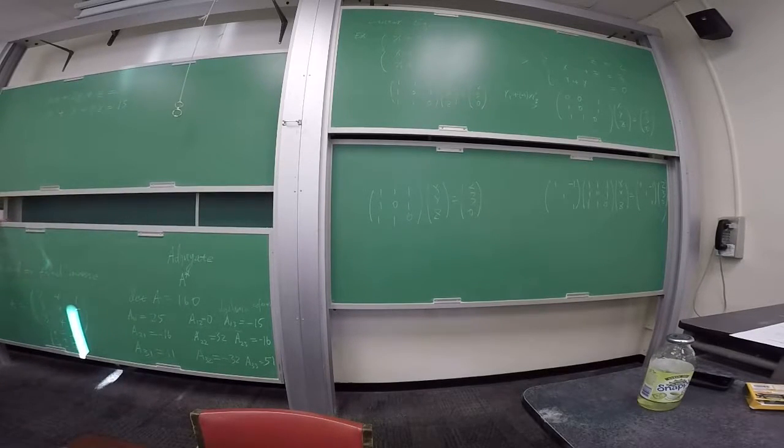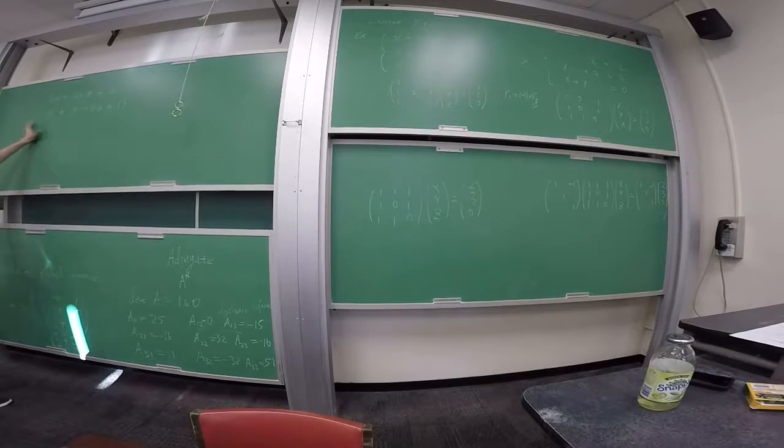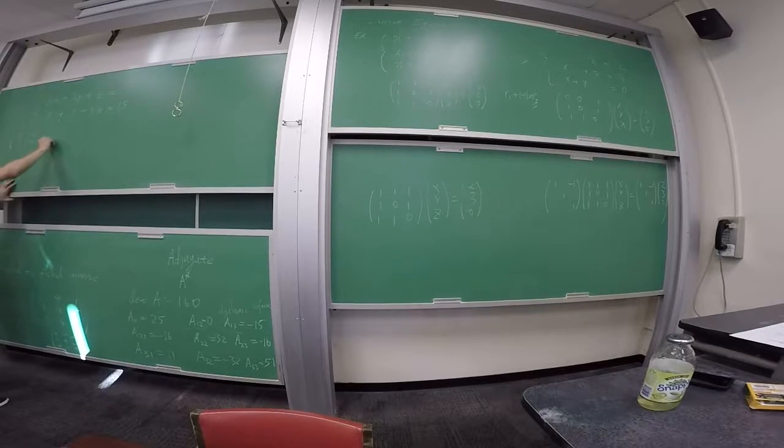Okay. Let's look at how to solve these equations, right? So we have such a system of linear equations. Basically, we write that in matrix form, like 3, 2, 1, 1, 1, 4, times x, y, z is equal to 10, 15.